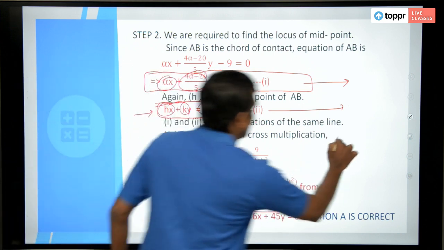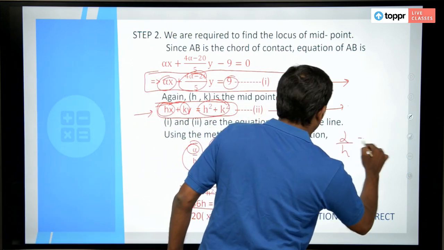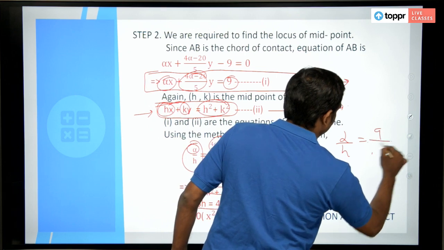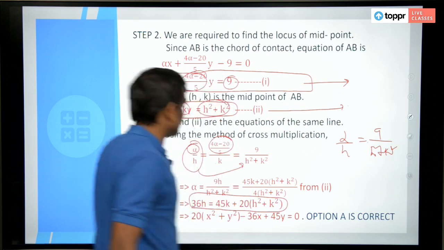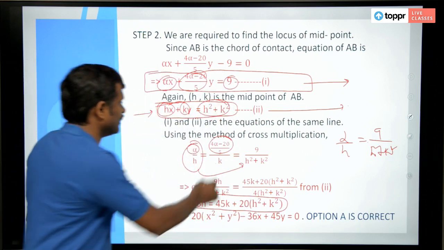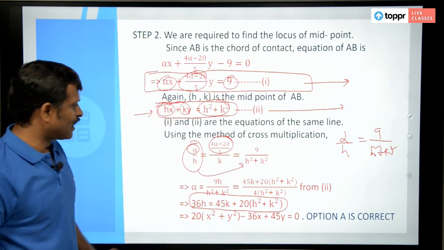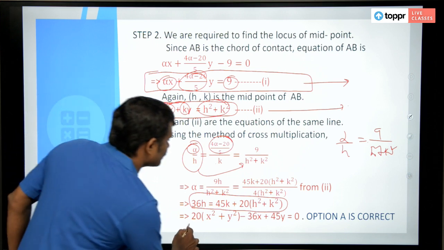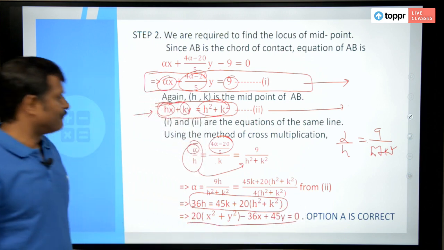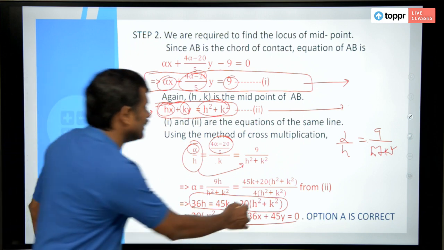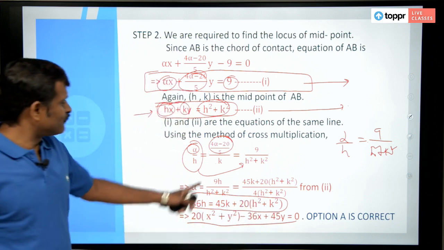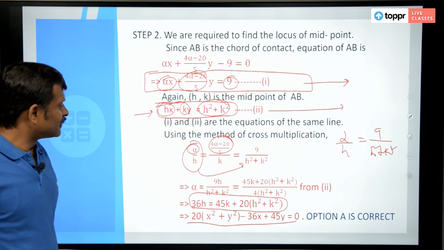You take alpha by h is equal to 9 by h square plus k square and isolate alpha, and here also isolate alpha, equate those two and simplify, you get to this. What did we get finally is 20 times (h square plus k square) plus 45k is equal to 36h.